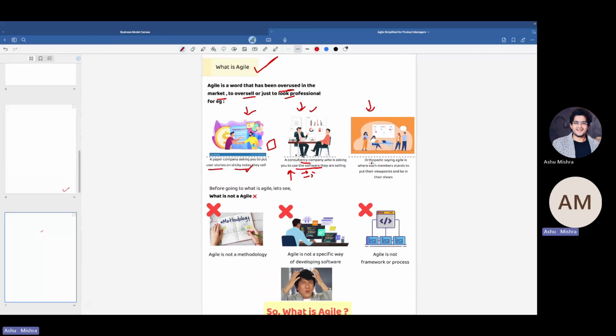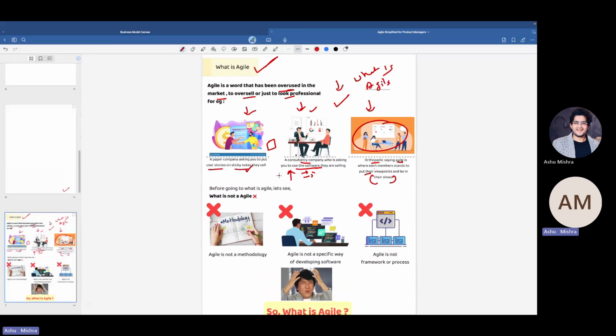Then the third is an orthopedic who is saying that please do incorporate agile as each member has to stand to put their viewpoints in a room. Okay, so these are in a room and they have to be in the shoes, right, of the user. So these are the three things, but are they exactly agile? So before moving on to what is agile, guys, let's see what is not agile.